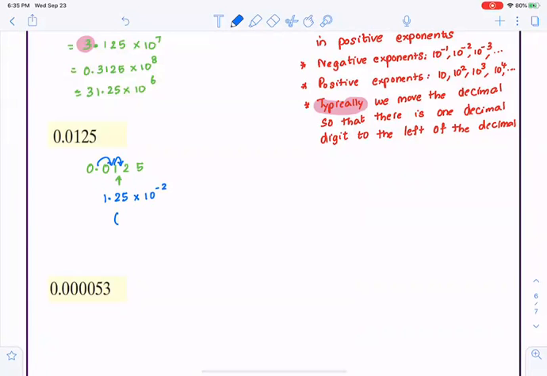So the note here is negative exponents, moving the decimal to the right in this case.